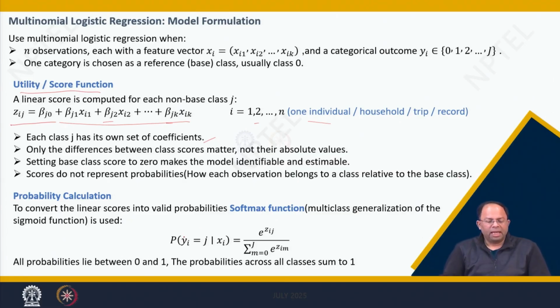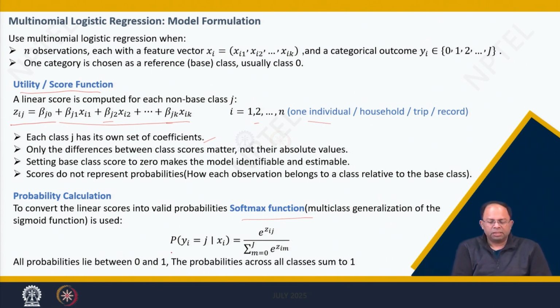Then the probability calculation is where we convert the linear score into a probability score using the softmax function. So instead of sigmoid, we use the softmax function, which is a multi-class generalization of the sigmoid function.